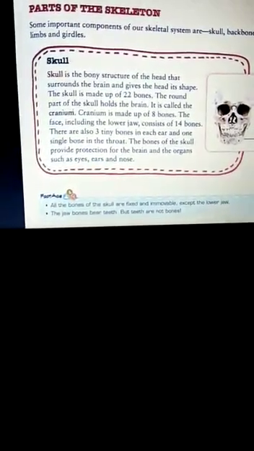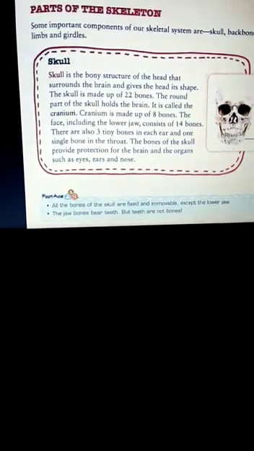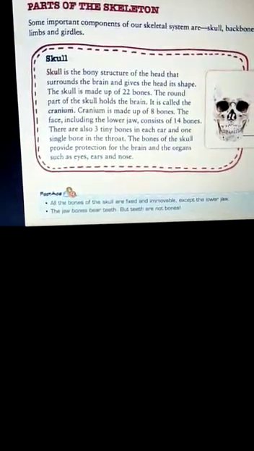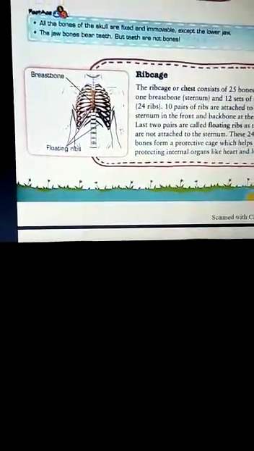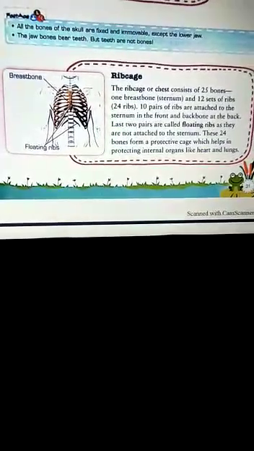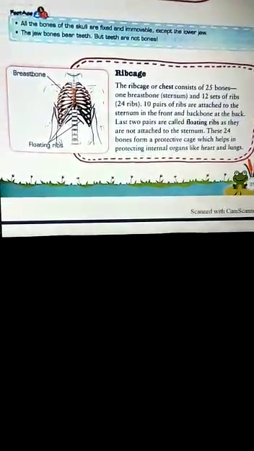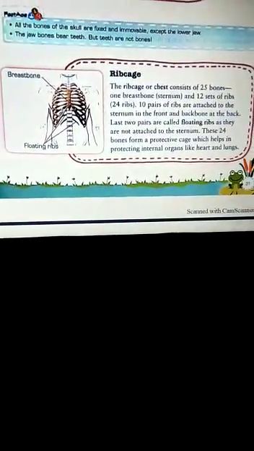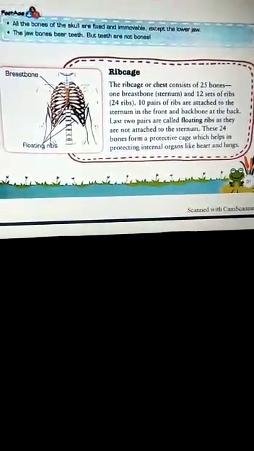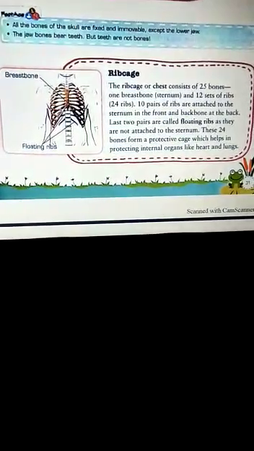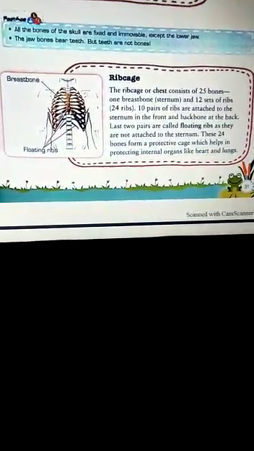The bones of the skull provide protection for the brain and the organs such as eyes, ears and nose. All the bones of the skull are fixed and immovable except the lower jaw, and the jaw bones bear teeth, but teeth are not bones.